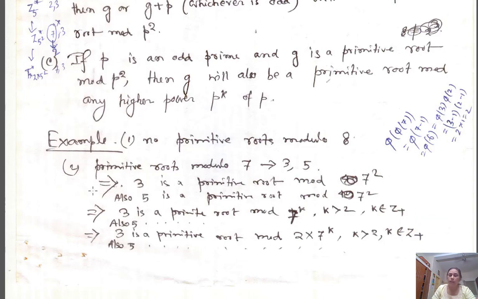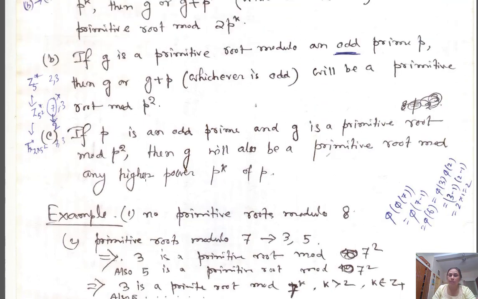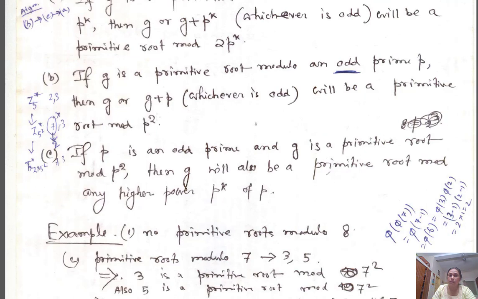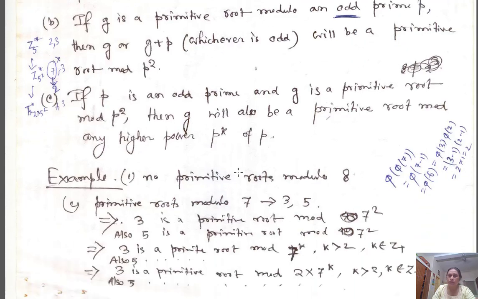So 3 is a primitive root modulo 7 square, either 3 or 3 plus p, whichever is odd. Also 5 is a primitive root modulo 7 square.